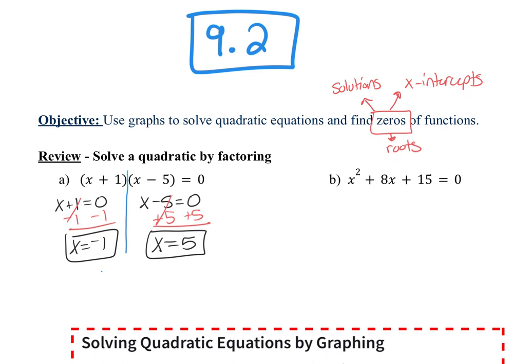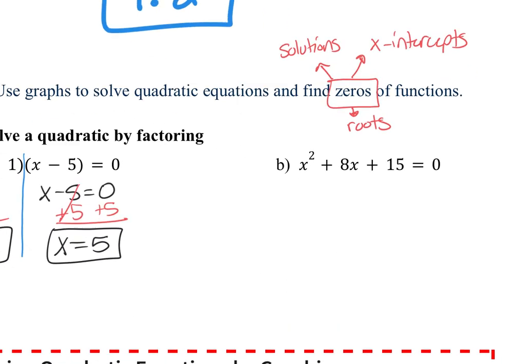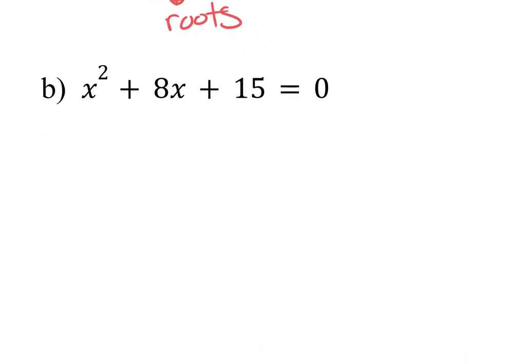Okay? Part B, we have x squared plus 8x plus 15 equals 0. So on this guy, we need to factor him. He is not in factored form, he's in standard form. So we're looking for factors of 15 that add to positive 8.